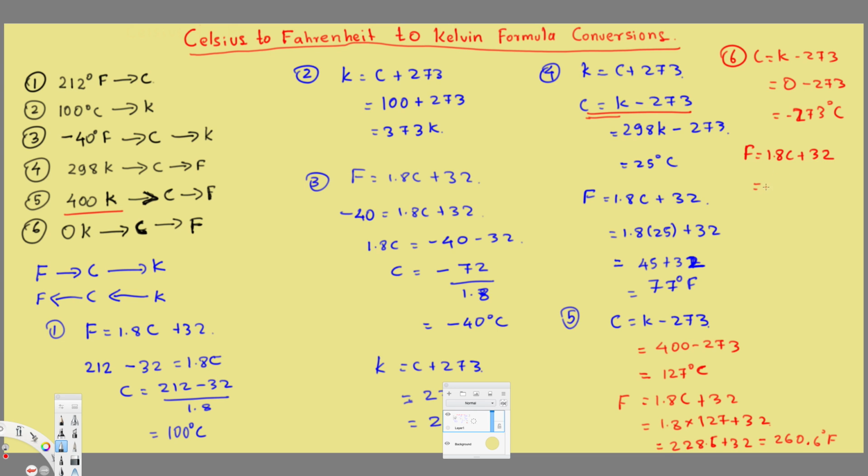So we have the Celsius, that is 1.8 times negative 273 plus 32, and if you find the value, that will give you minus 491.4 plus 32, and that is equal to minus 459.67 degrees Fahrenheit. And that is the answer for this question.